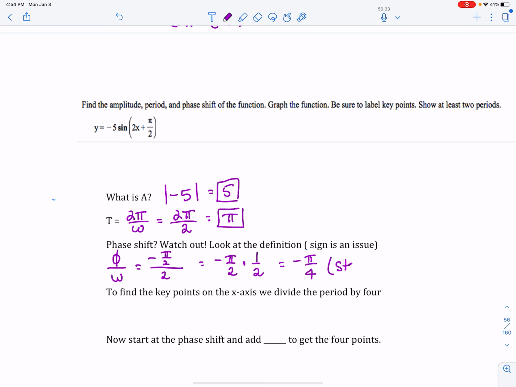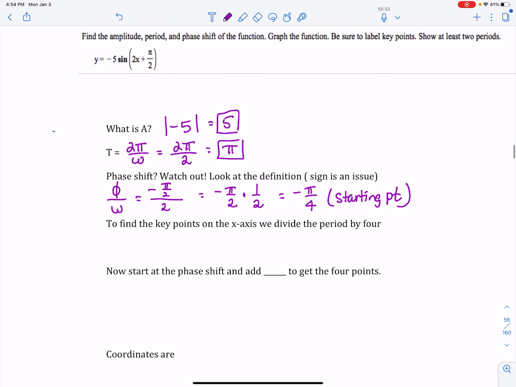By the way, this is my starting point. So this is where one period of sine, in this case, starts. And I have to find my 4 key points on the x-axis. So you have a couple of choices. You can ignore the phase shift and then just shift everything over pi over 4 units.